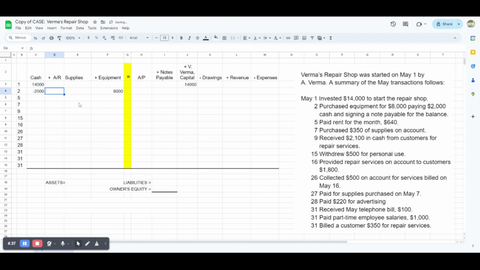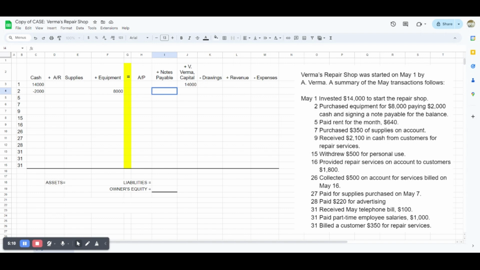Okay, so the next part is you signed a note payable for the balance. That just means you're going to pay the money that you owe at a later date. And since it says note payable, obviously the notes payable account is going to be affected. If you think about this logically, the equipment is $8,000, but you only paid $2,000.